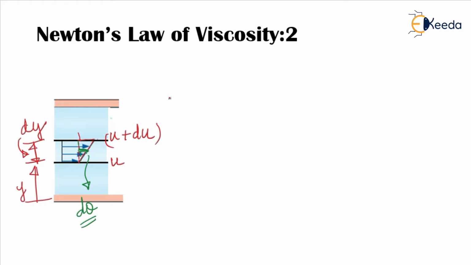Now in dt time, what will happen? Suppose there were a fluid particle, how much would it have moved? Pay attention here. With u velocity and dt time, what will be the displacement of the fluid particle at this layer? Simply, this is u into dt.